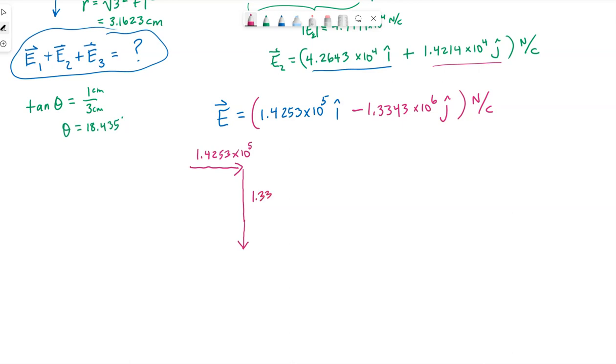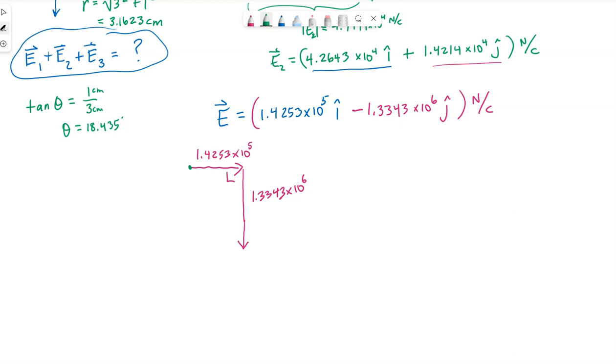I'm representing the down with the arrow and just putting the magnitude on the side. So what we have right now is this 90 degrees. We have the x component and y component of this overall vector.